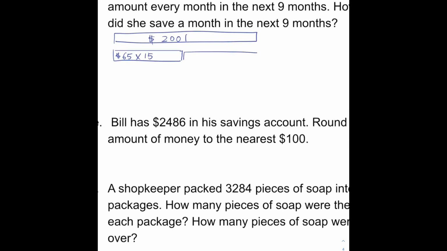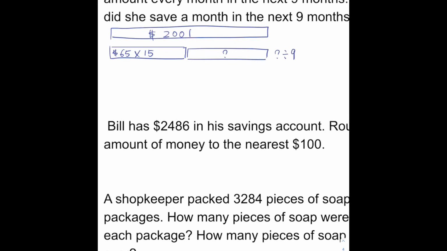And we need to know how much this is. And then this result will be subtracted and divided by 9 months. And that is what we are going to solve. We need to figure out 65 times 15.